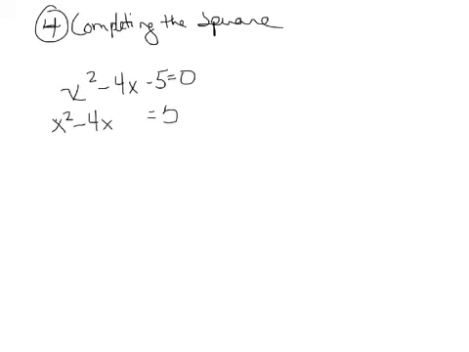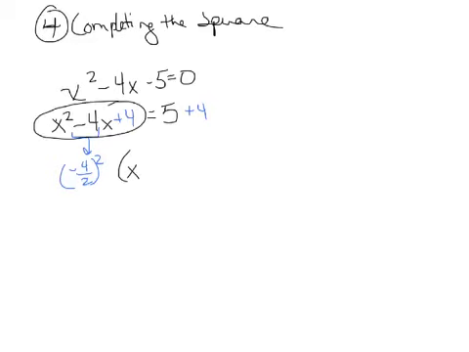You're going to move the 5 over to the other side. You're going to look at this b value. It's going to be the negative 4. You're going to divide it by 2 and you're going to square it. So 4 divided by 2 is 2, squared, means that I'm going to add 4 here, which means I also add 4 here. So what that then tells me is that I can factor this here as a special case.